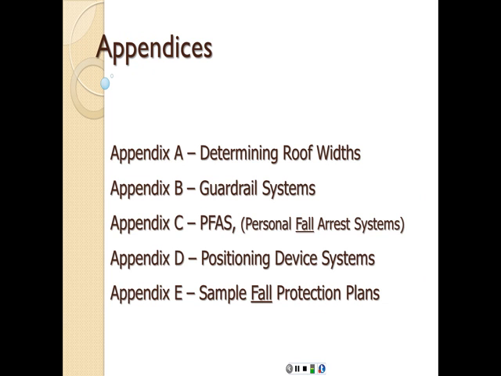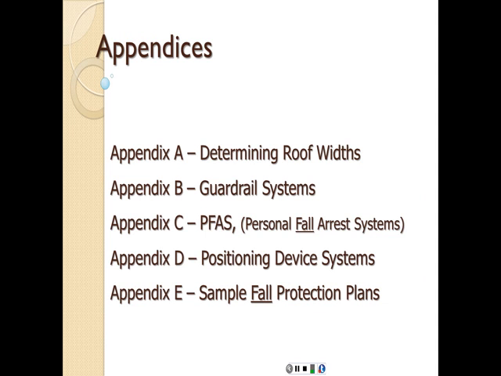So all of these were examples of fall protection violations. All of these can lead to falls, which lead to injuries or fatalities. So these are some of the appendices that are associated with this subpart.